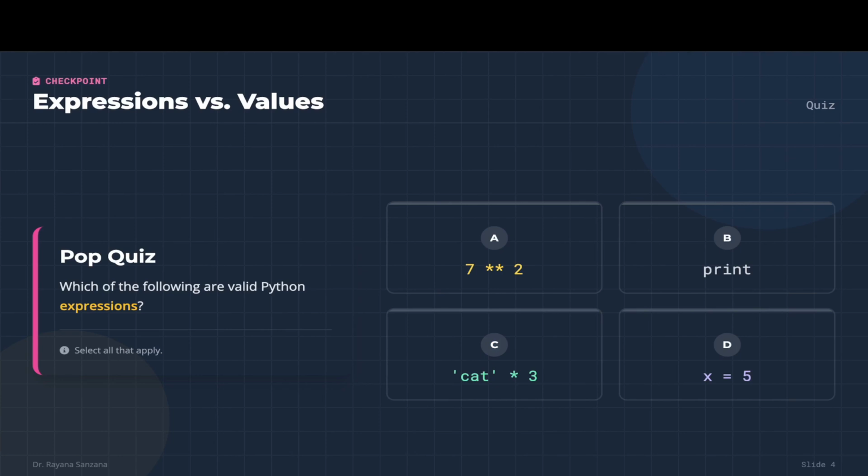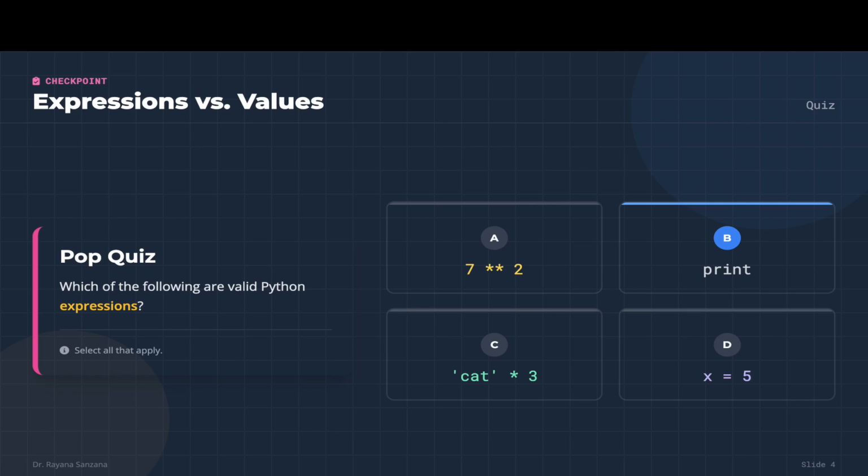So, which of these are valid expressions? So, for the answers, what would it be? So, let's see. 7 multiplied with 7. This is correct. This is a mathematical expression evaluating to 49. B is incorrect because without parentheses, this is just a reference to the function object, not a function call expression in the usual sense.